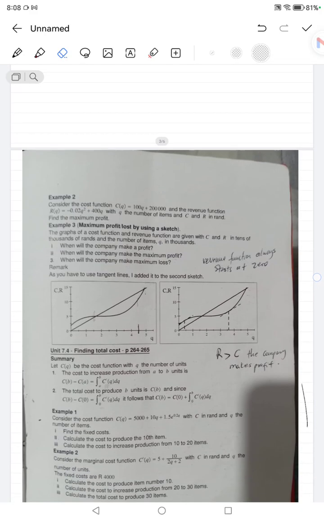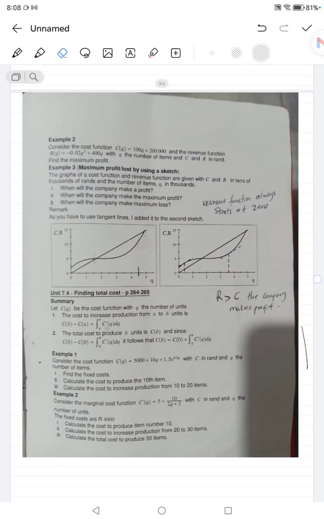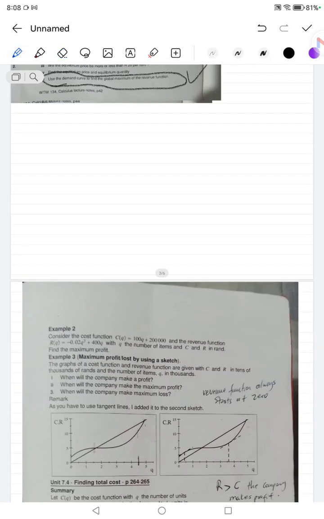So for example 2, go and try it with the first derivative. You just have to remember that when they're talking about profit, your profit is equal to your revenue minus your cost.